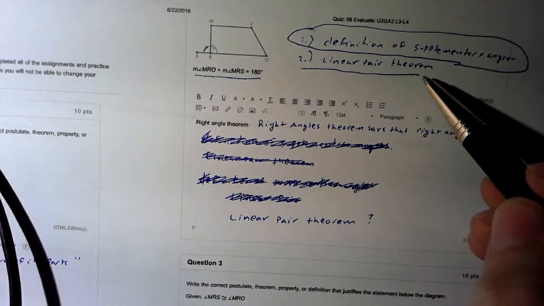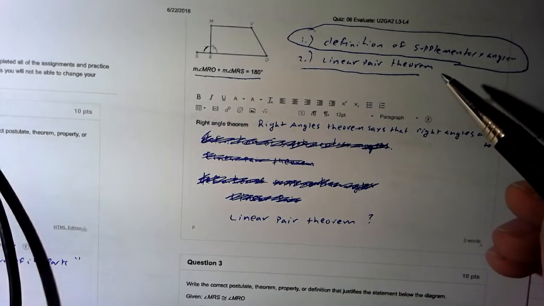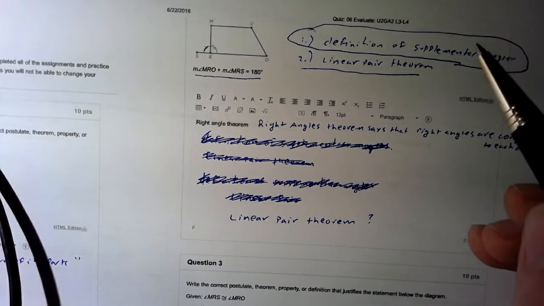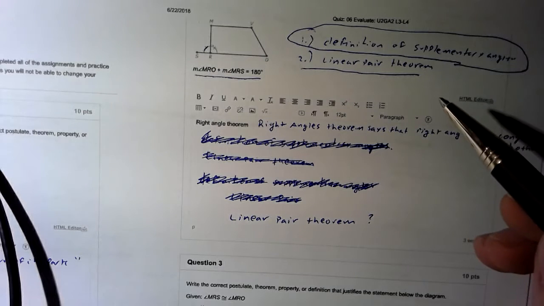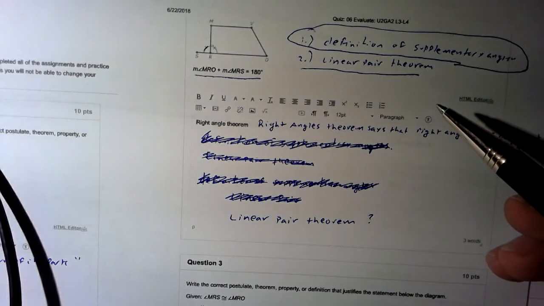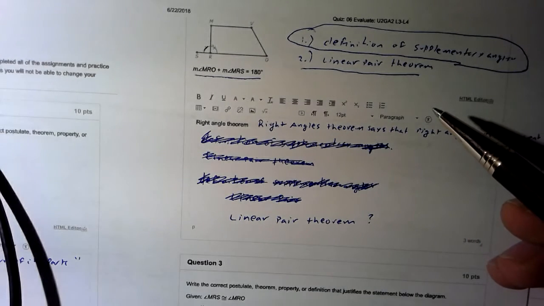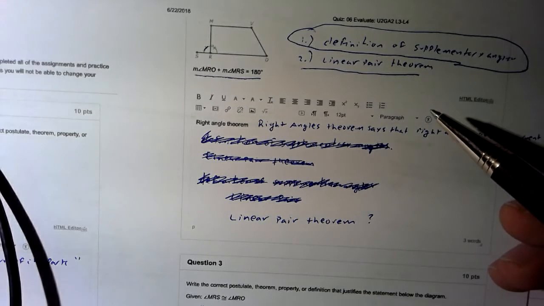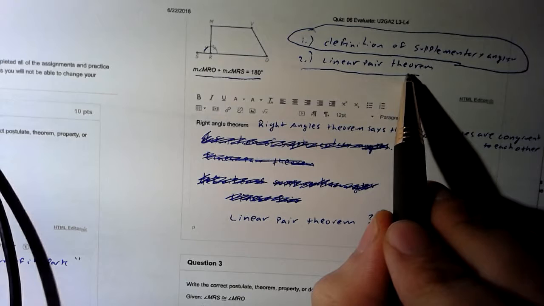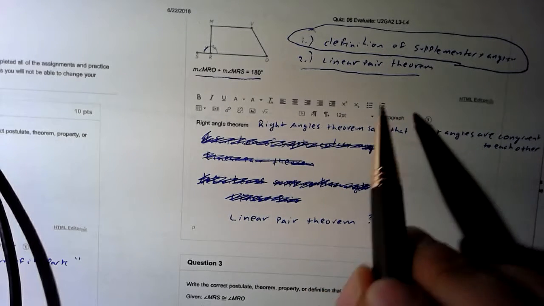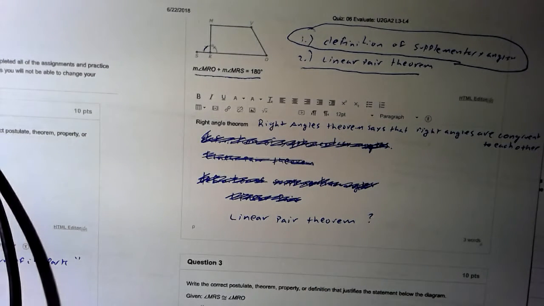They call it linear pair conjecture. What's the problem with that? Well, you can't use a conjecture to justify a statement in a proof, because by definition a conjecture is a statement that hasn't been proven yet. So I find it odd that they would put the linear pair as a conjecture instead of a theorem. It's just kind of interesting.